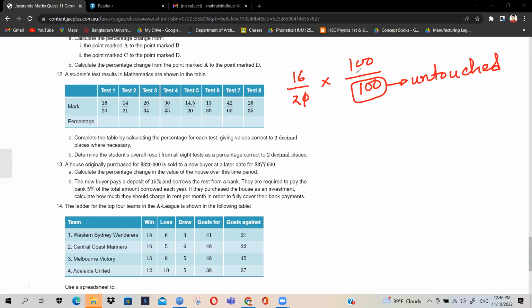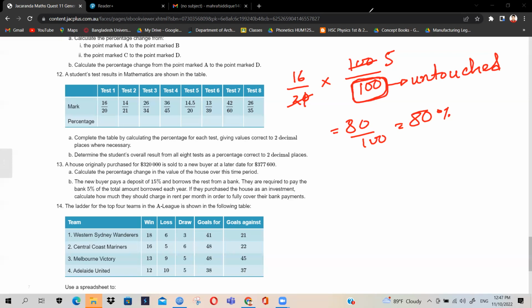So let us perform it. 20 and 100 will give us 5, so that will equal 80 by 100, then write 80%. The 100 in the denominator has to remain untouched. Some students make this very silly mistake. So just multiply by 100 and divide by 100.